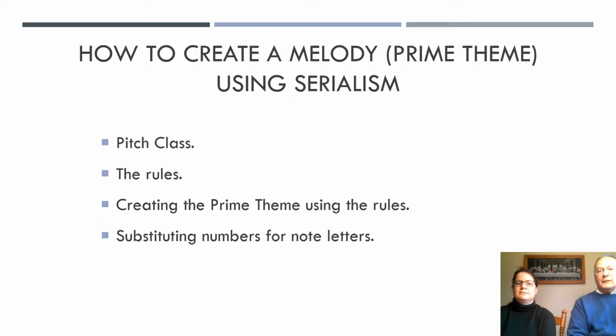So first, before we go into that, we'll talk a little more detail about the pitch class, the general rules of using serialism, how to create the prime theme using the rules, and then a substitution for numbers in place, using numbers in place of note letters.